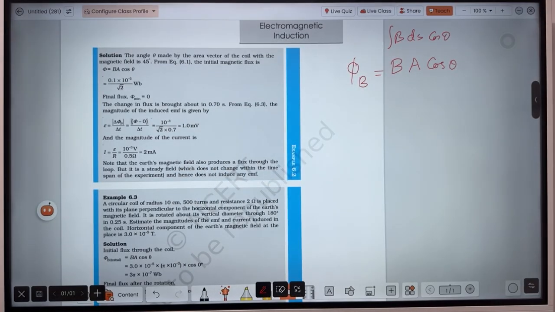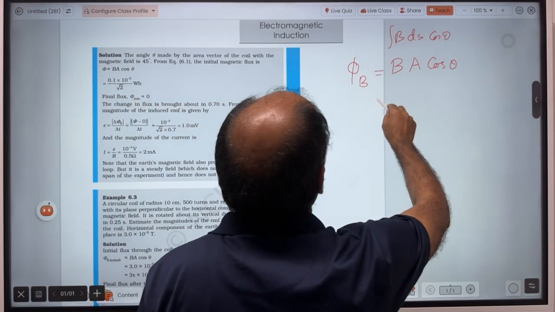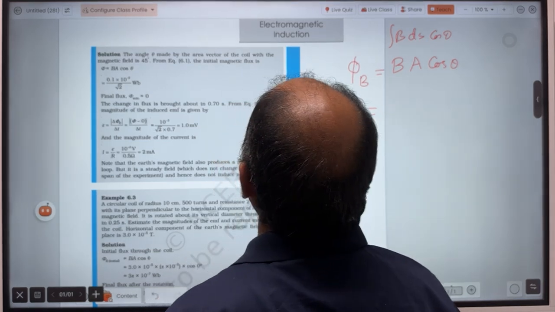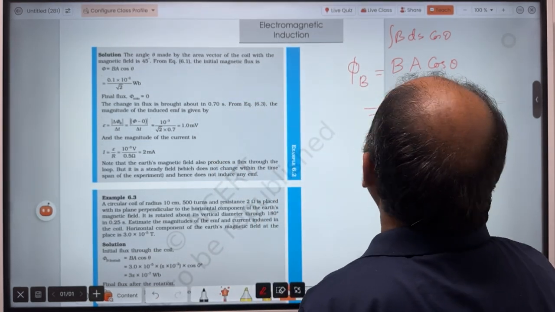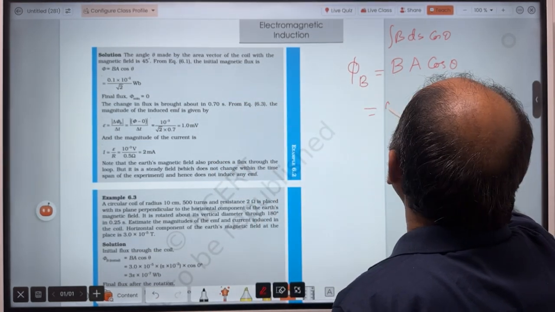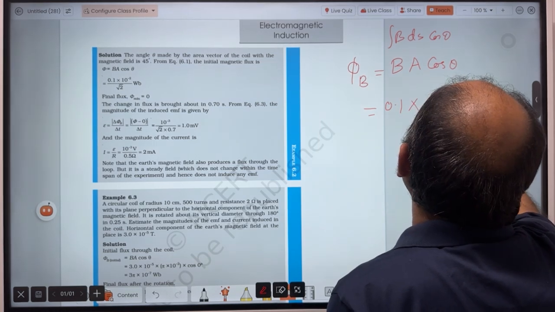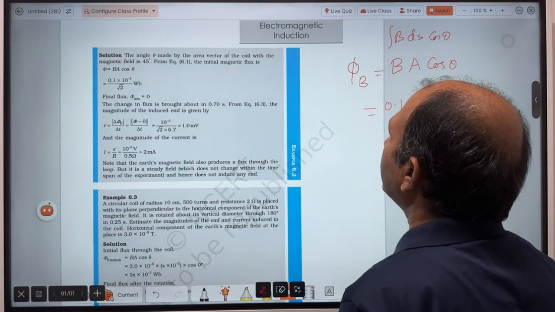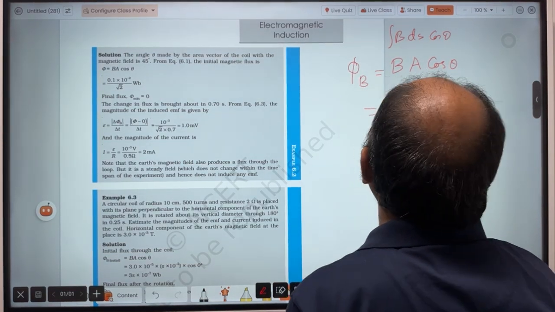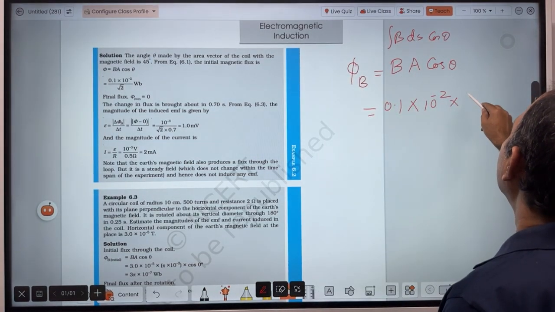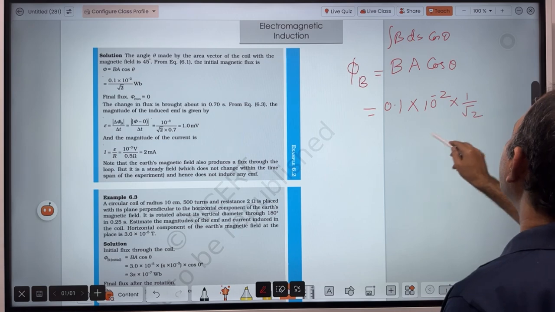So if we put the values, B is 0.1 Tesla, area will be 10 power minus 2 meter square, and cos 45 will give 1 upon root 2.